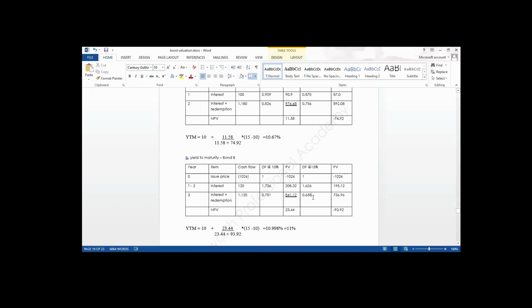When you get that figure, multiply by the cash flow in year 3. 736.96. Now look at it on your screen, 736.96. When you are done, you can now get the NPV. Sum up your present value.